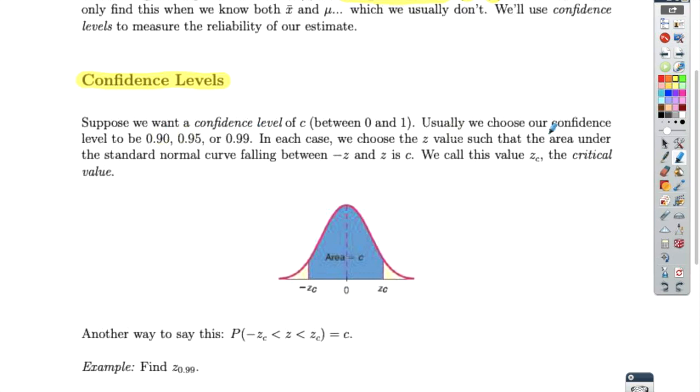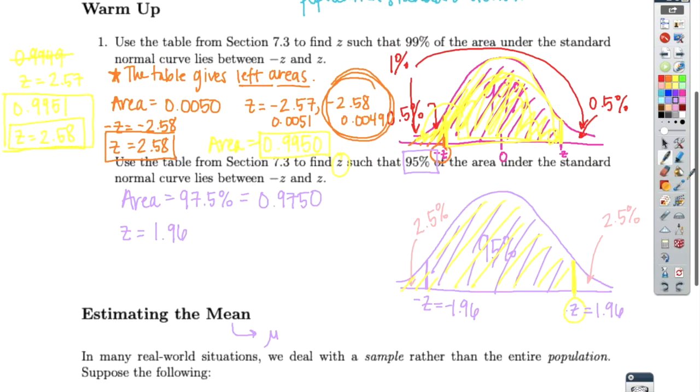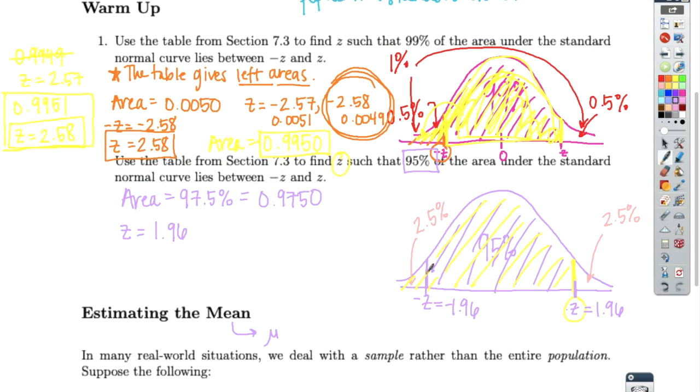So oftentimes we talk about the confidence of 0.90, so think like 90%, or 0.95, so think 95%, or 0.99, like 99%. In each case, we choose something called a critical value. And the critical values were what we were finding in the warm-up. So the critical value is that z-score where you have a certain percent of the area, like 95 or 99, between z and its counterpart negative z. So z and its reflection on the other side.